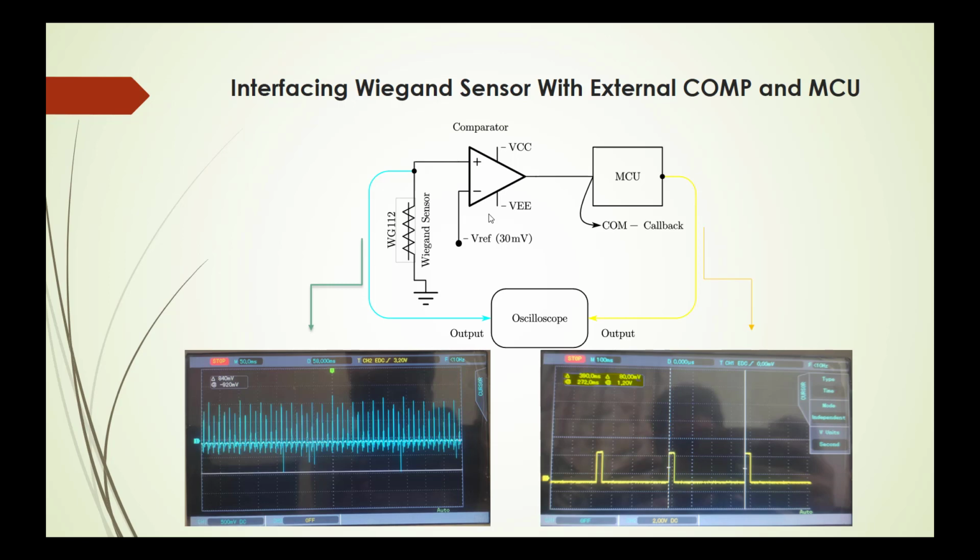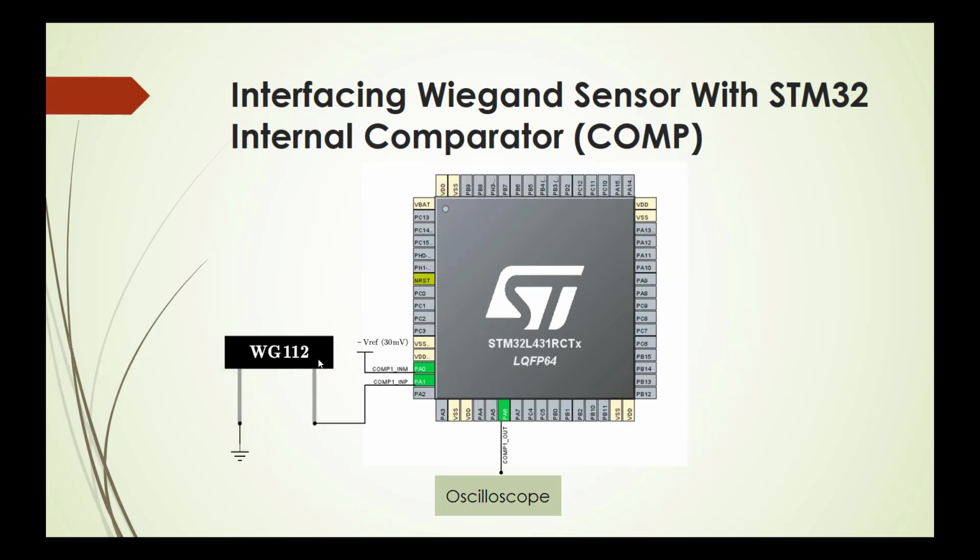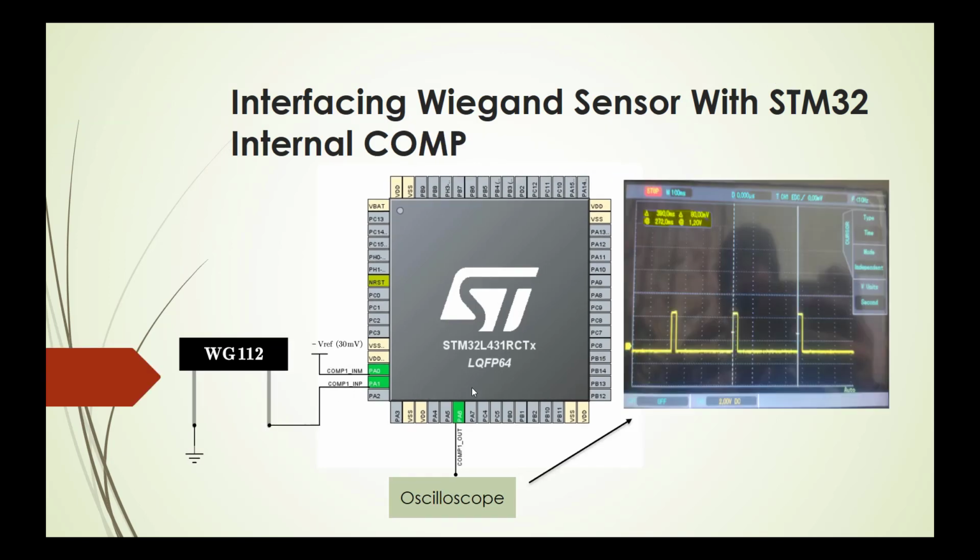So to eliminate this issue, we can use the very fantastic feature of the STM32 microcontroller that has an internal comparator. So once you connect the Wiegand sensor directly to the microcontroller internal comparator, you will see the output voltage like this.